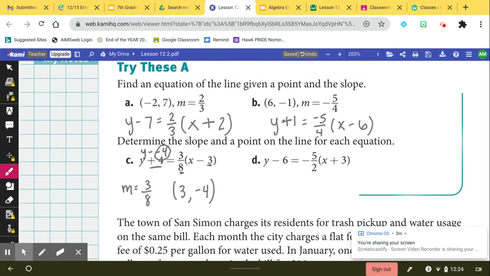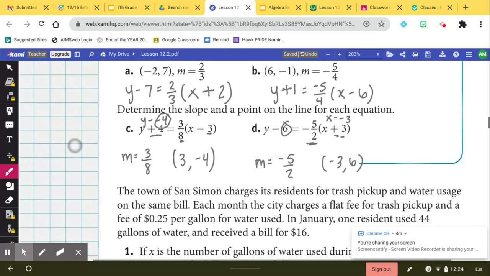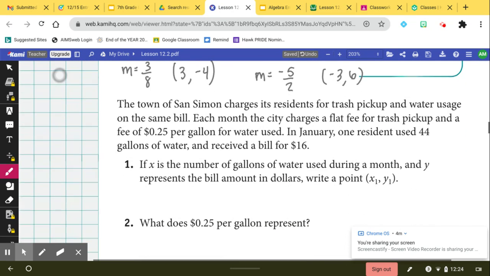And then we can do the same thing over here. This is my slope, so m is equal to -5/2. And my x value, I subtract my x value, really that would be x minus -3, so the x value is -3. And then we subtract the y value, which is 6. So it is a slope of -5/2 and goes to the point -3, 6.